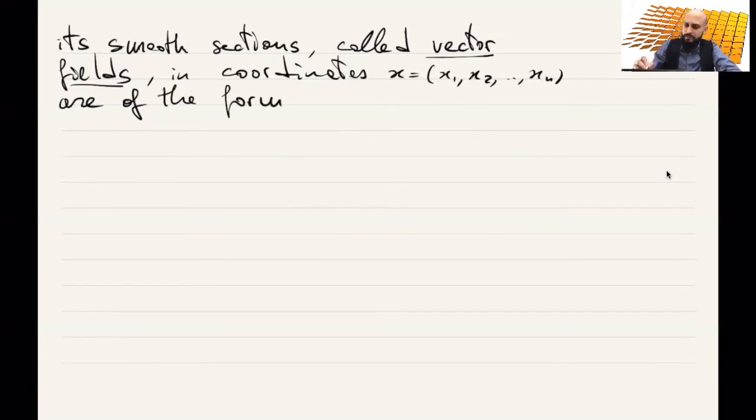Now, how? See, we have this space TM, which is the disjoint union of the TxM, and of course we can send every vector at x to the point x. So we have this map that gives the structure of bundle to TM. And what is a section of a bundle? This is an inverse. For any point x, I choose a tangent vector at x. These are the vector fields.